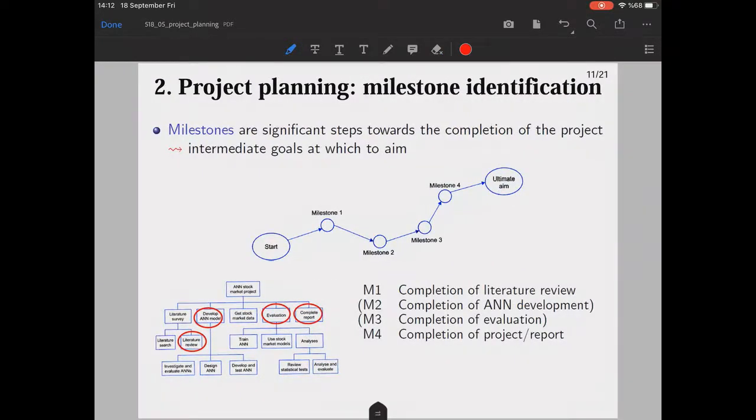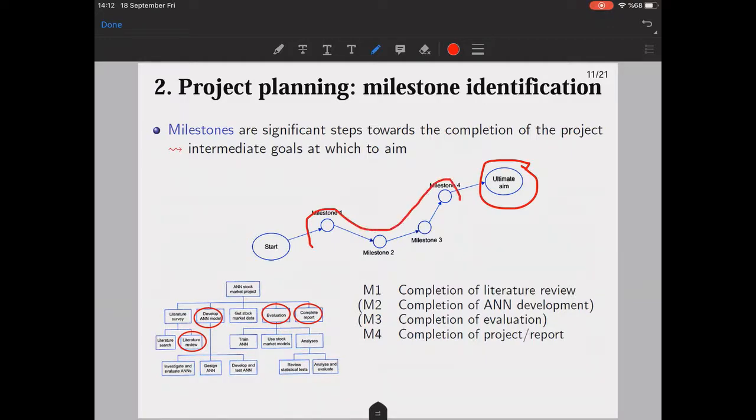And then we need to identify the milestones, which is called the milestone identification step. Milestones are the significant steps towards the completion of the project, like intermediate goals at which to aim. This is your ultimate aim, but as you see, you have several milestones during this run.